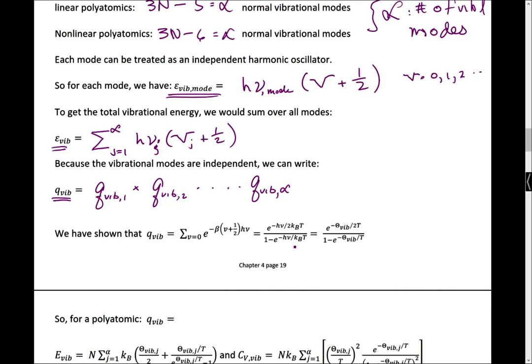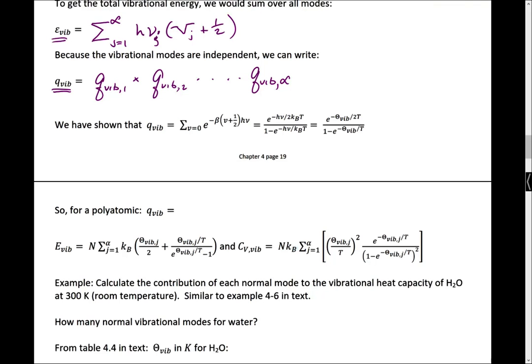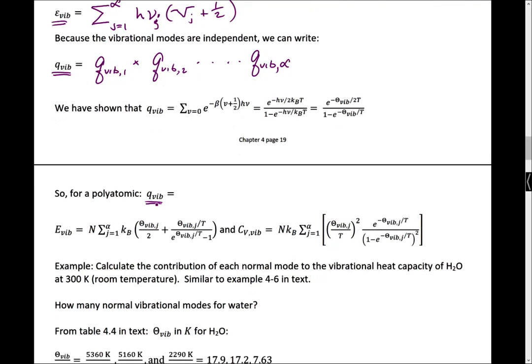And this is where we pull in what we've previously derived. We know that the definition of our vibrational partition function is the summation of the Boltzmann factors. We have shown that that's the same as this analytic expression. We've simplified it by adding in vibrational temperatures, all right? And so what we can say then, if I want to talk about our overall vibrational partition function, that's going to be the product, all right? So that's our capital pi.